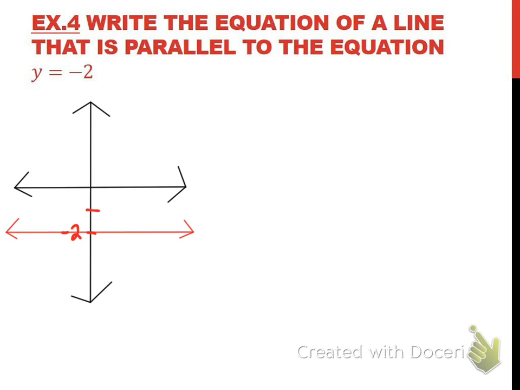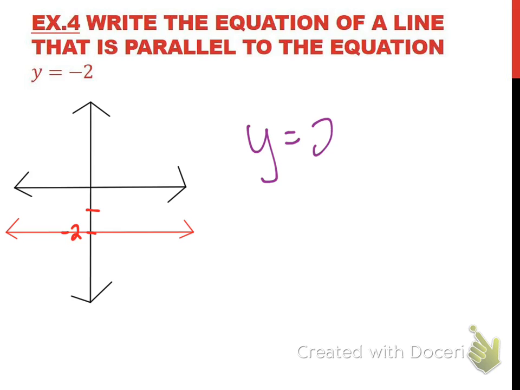Okay, a line parallel to it is also going to have to be horizontal. So it's going to be another equation that is of the form y equals a constant. But because they didn't tell us where that line had to be, just that it has to be parallel, you kind of get to choose.